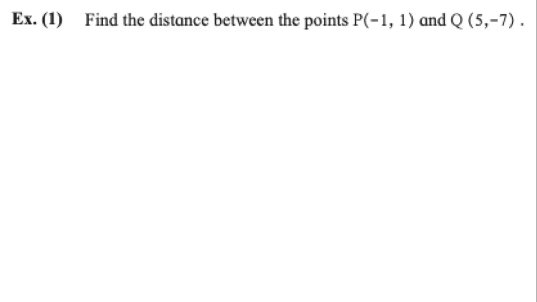After you have sent it to me on WhatsApp, write the answer in the chat. Remember, the formula is the square root of x2 minus x1 square plus y2 minus y1 square.